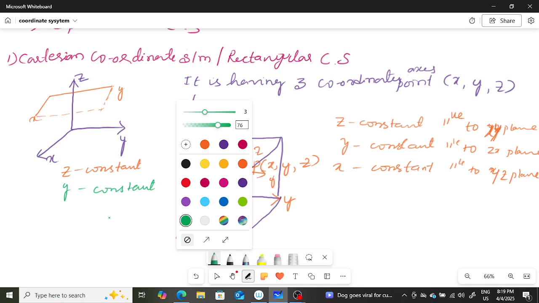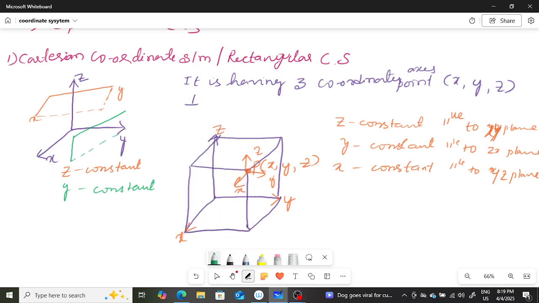So it is better I draw it here: it is Z, it is X. It has to be parallel to the ZX plane. So this is the Z direction, this is the X direction.